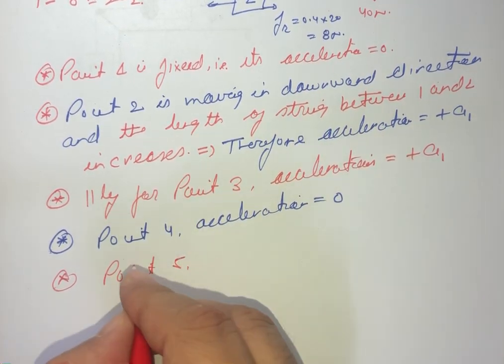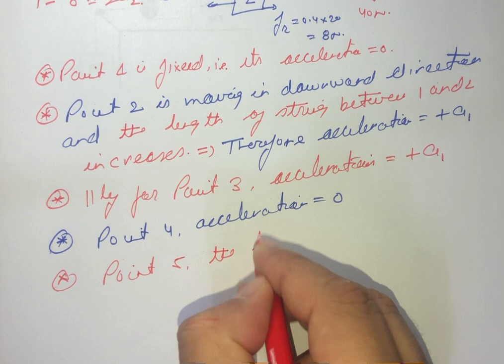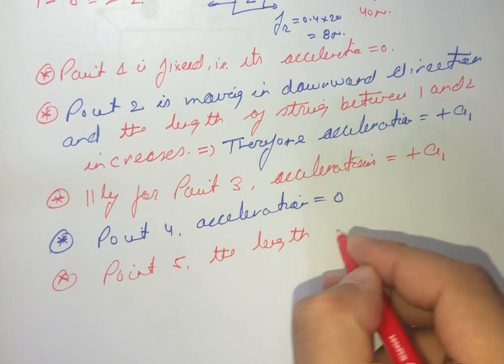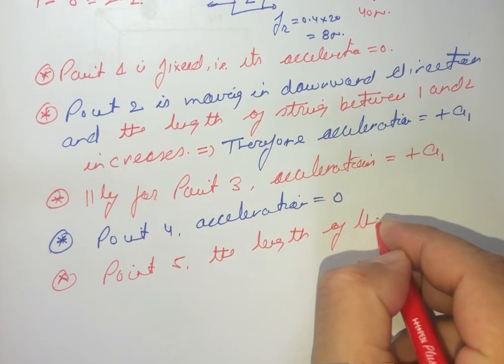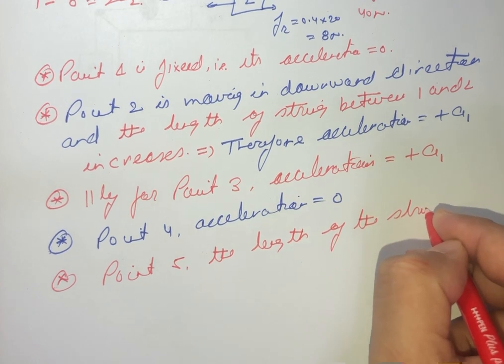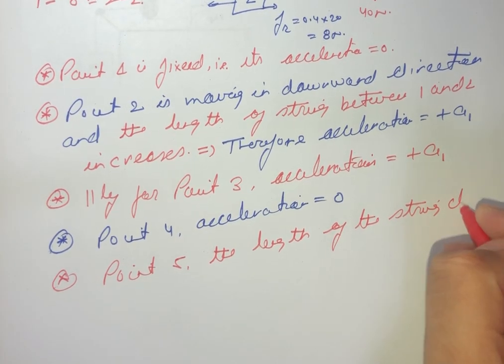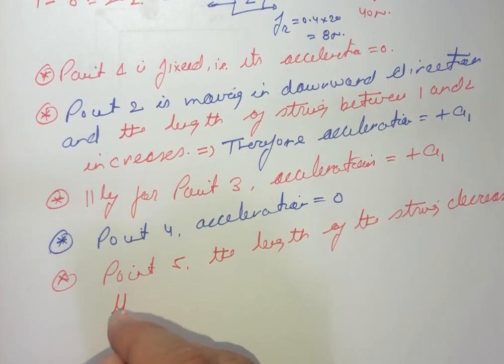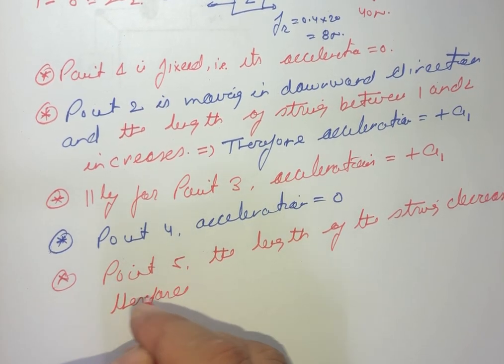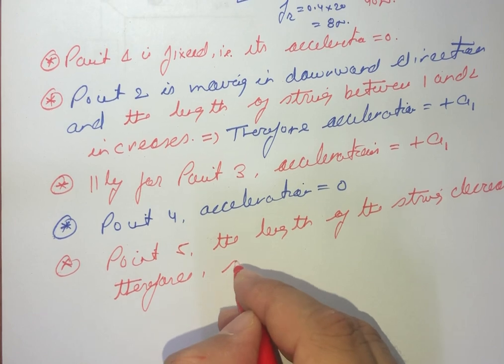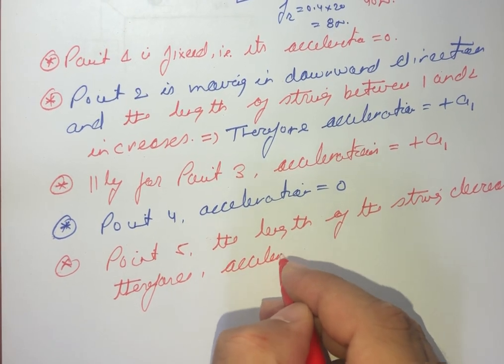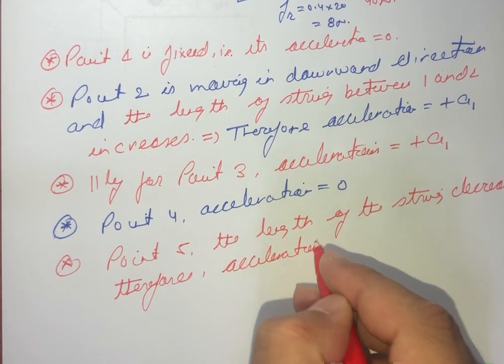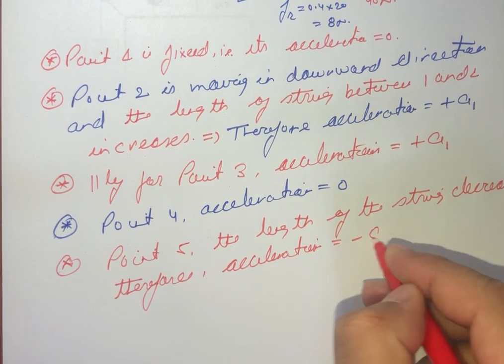Okay, point 5, the length of the string decreases. Therefore, acceleration is equal to minus a2.